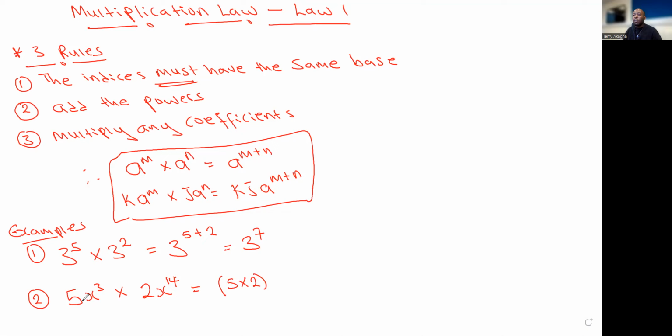So 5 times 2, then the powers will be 3 plus 14. And that will give us 5 times 2, which is 10, x raised to the power 17. Regardless of how the question comes in, so long as it has a coefficient, the same principle applies.